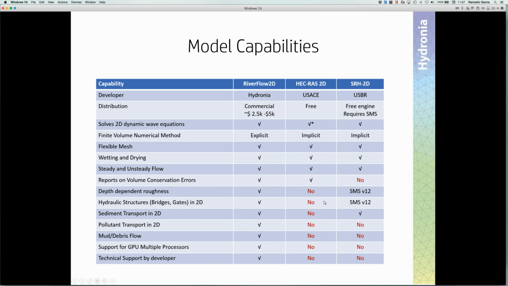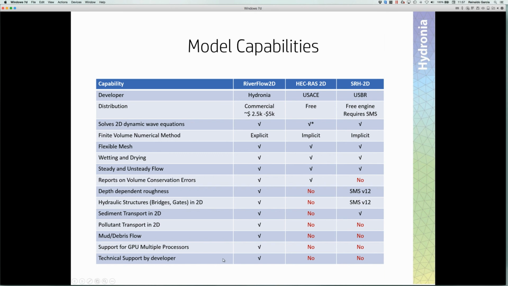And there are some features that are not present in HEC-RAS or SRH-2D, though some of them are under development, I understand: depth-dependent roughness, hydraulic structures in 2D, sediment transport in 2D, pollutant transport in 2D, and modeling debris flows. GPU is only available for RiverFlow2D. HEC-RAS is parallelized for CPU processors, not GPUs.